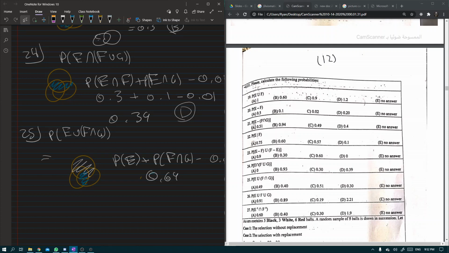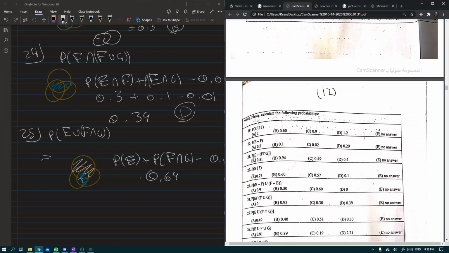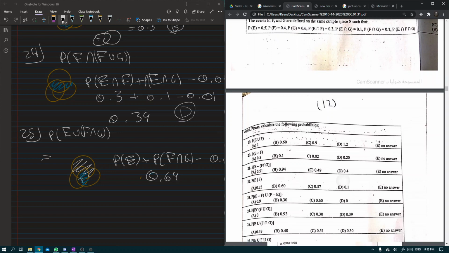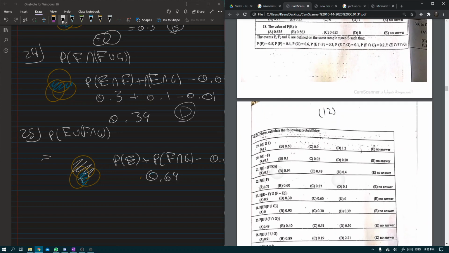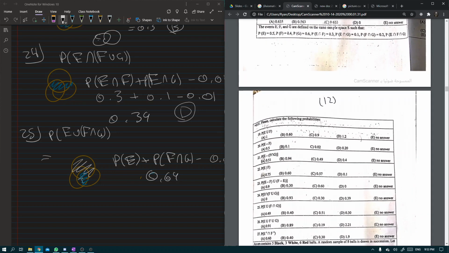0.61. What? Oh, minus plus. That's not what it is. It's E union F intersection G. This is F intersection G. Union is both, 0.5, 0.2.